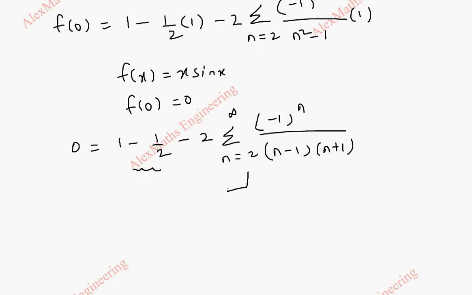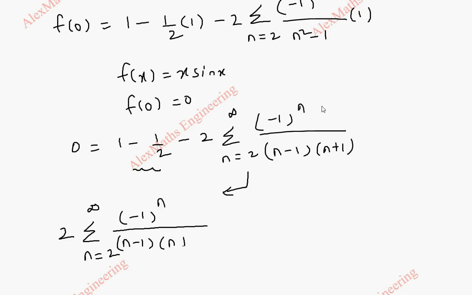Then this entire term I can take to the other side. So this will become 2 times summation n is from 2 to infinity minus 1 whole power n divided by n minus 1 into n plus 1, that is equal to 1 minus 1 by 2, which is 1 by 2.